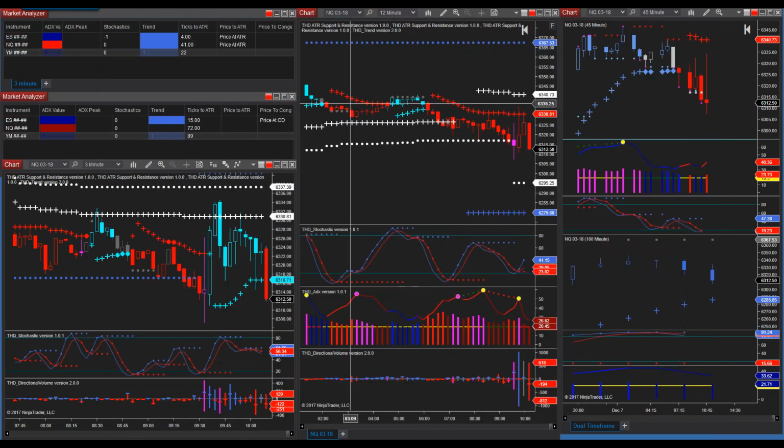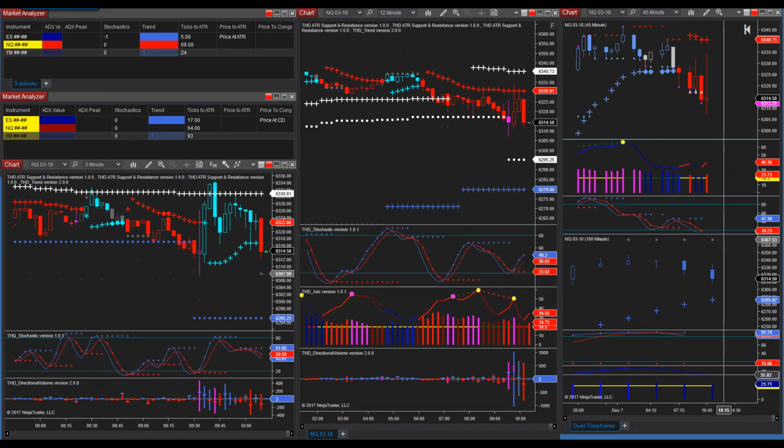Now, in this example, I'm using the NinjaTrader version, and the NinjaTrader version allows me to plot 4 of the ATRs. But I'm going to bring up a NASDAQ chart that just has 3 on it, just so I don't confuse y'all.